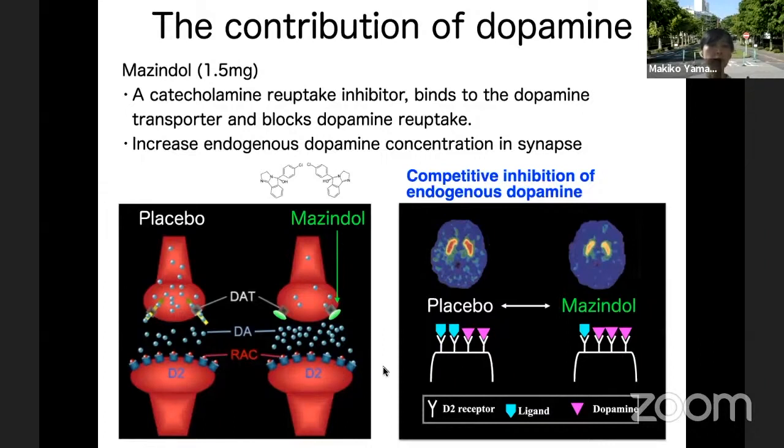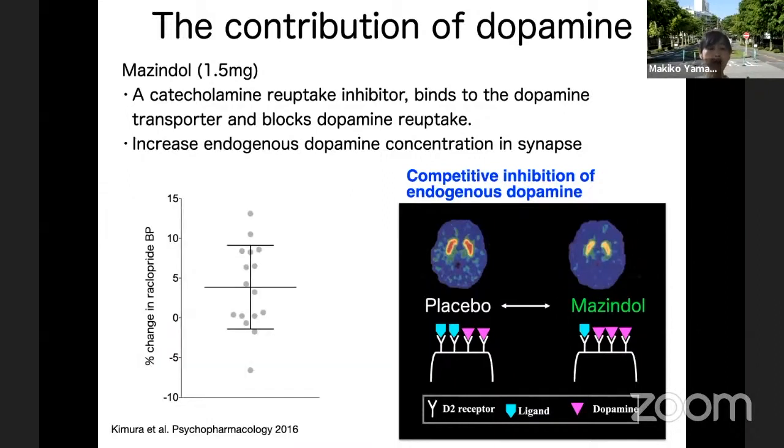And how much raclopride binding changes indicates how much dopamine increased in the striatum. And this is the actual data obtained from our subjects. And we tested if this influences our subjective or conscious feelings, and also superiority illusion.